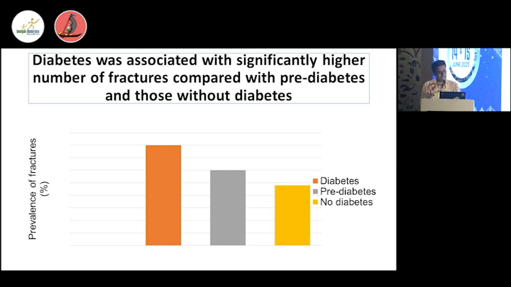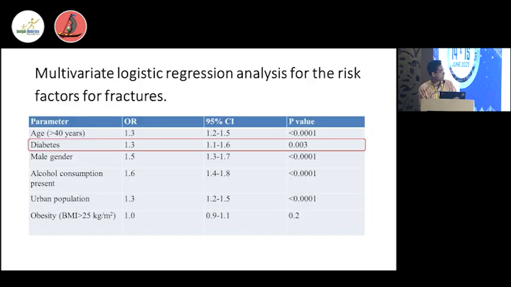But there are some diabetes-specific risk factors, which are not very consistent but have been shown in various studies: a lumbar spine or hip T-score less than minus 2, frequent hypoglycemic episodes, diabetes duration of more than 10 years, diabetes medications, specifically insulin, thiazolidinediones or sulfonylureas, poorly controlled diabetes with HbA1c of more than 8%, and obviously microvascular complications.